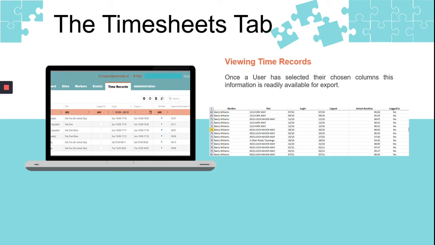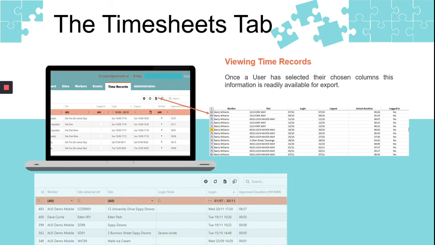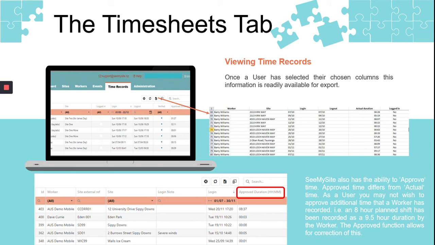So the viewing of the time records, those are available for export, so that can be either by worker or by site, and just by selecting the date range. You're also able to view approved times as well, so rather than just actual times, if you want to approve those durations, that's a function which is available there as well.